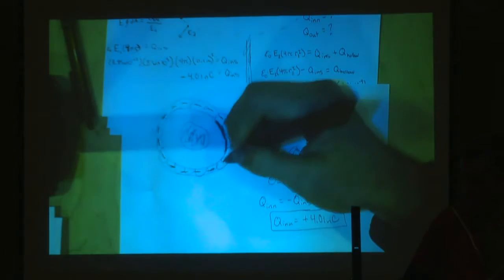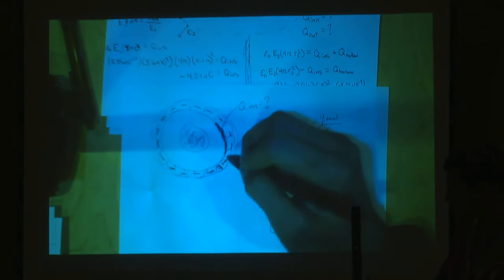Yes? So you said the electric field on the inner surface of any insulator is 0? The electric field inside of the material is 0. Essentially, we'll have some charge on the inner surface and some charge on the outer surface, and they're going to be opposite in charge.